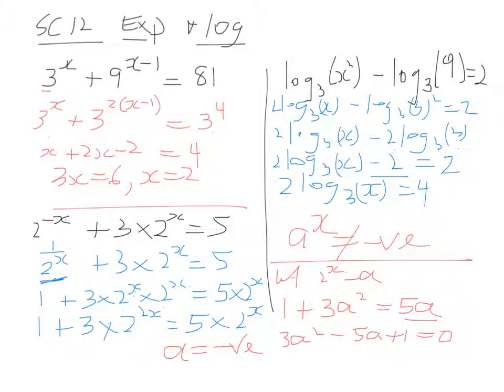Divide both sides by 2, so log to the base 3 of x equals 2. Then from there, I'll apply what I know, and I'll raise it to the power of 3, so 3 to the power of 2 equals x, therefore x equals 9.